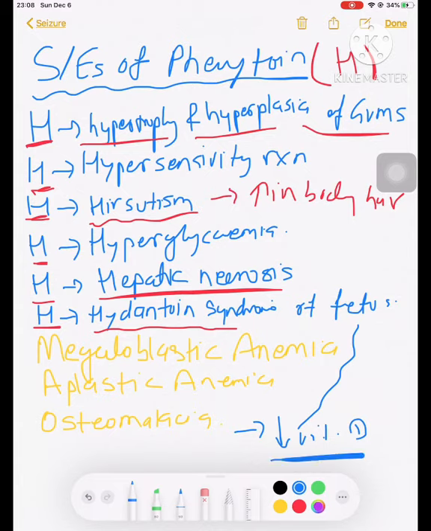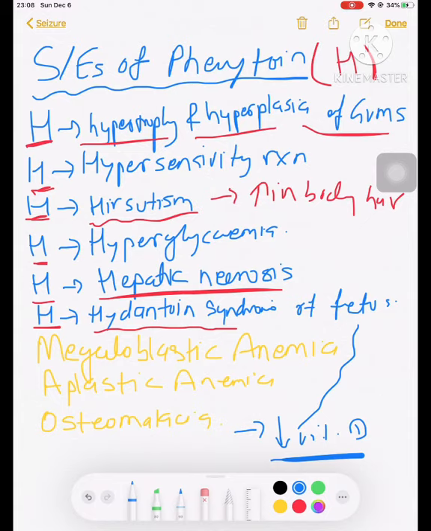What happens is that phenytoin uses the enzyme hydroxylases for its own metabolism, and there is a lesser amount of hydroxylases left for vitamin D activation. This will cause hypocalcemia, thus resulting in various disorders related to calcium.